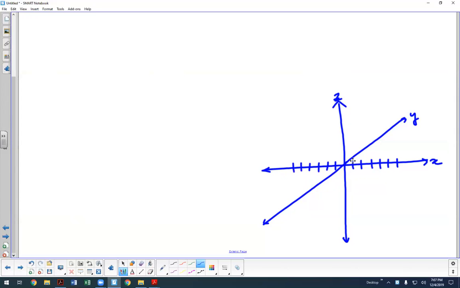And then for our Y axis, it goes like this. And then our Z, okay, something like that.